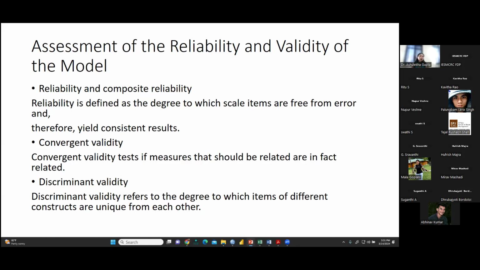The answers are deviating. When the answer is deviating, it means that the first time you filled that questionnaire, it was not reliable. There was a wrong answer. Today you are saying strongly agree for the same question, and after 15 days when you are filling it, you are saying strongly disagree. How is it possible?